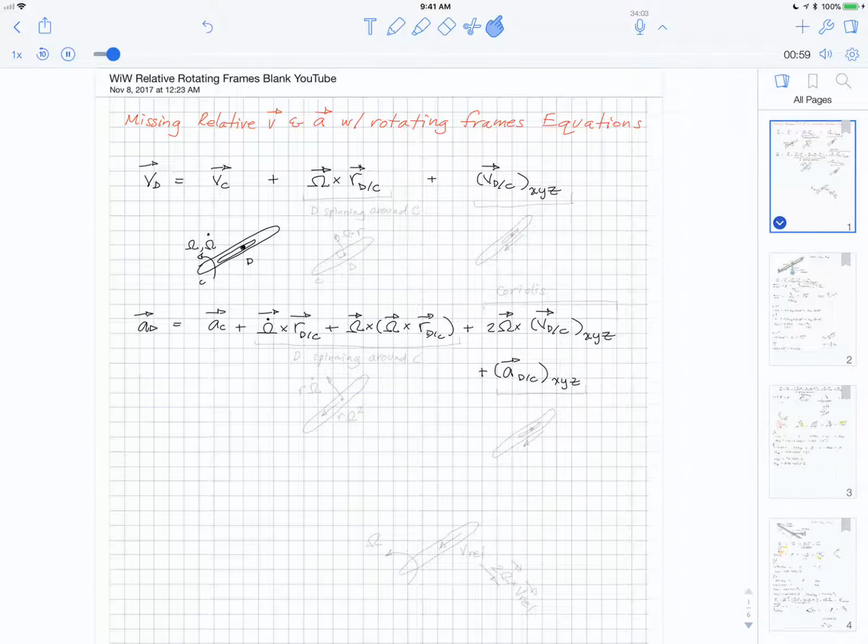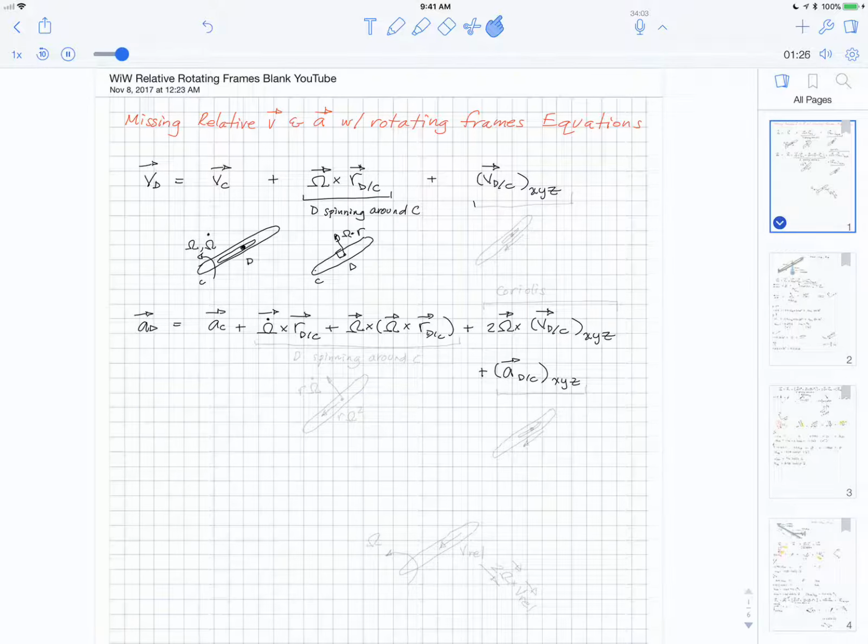So this term right here just means D spinning around C. And so the velocity of D spinning around C is just this, 90 degrees omega times R. Okay?